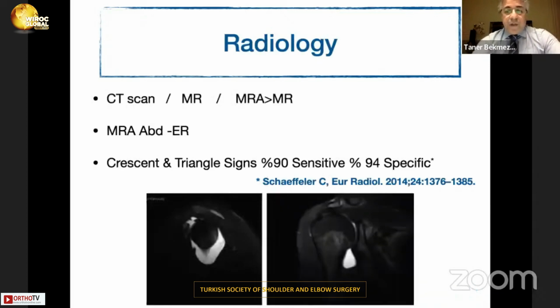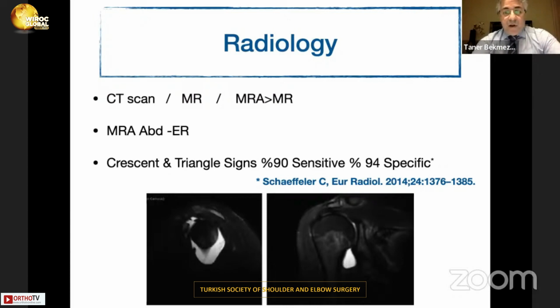And radiology: conventional radiographs are frequently normal. CT scan may be used for glenoid dysplasia, retroversion, or glenoid bone defects. Nowadays MRI is the gold standard for patients who have shoulder instability.